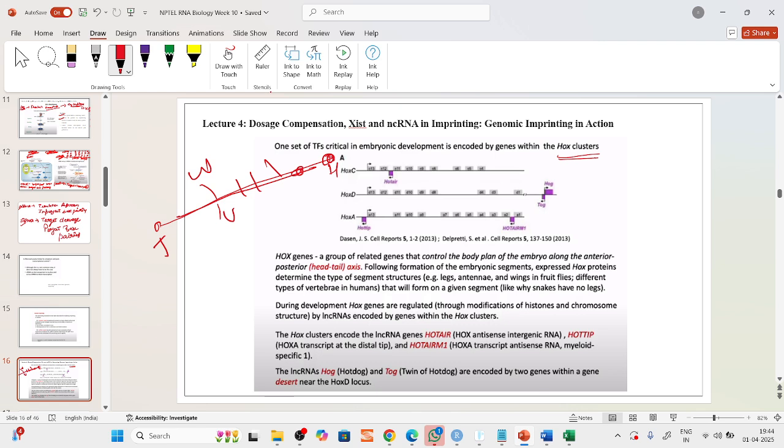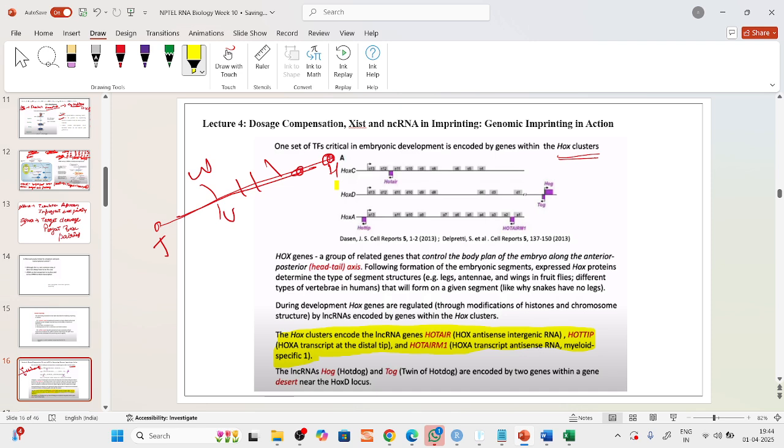Now, Hox gene clusters are encoded by long noncoding RNA genes, HOTAIR, HOTTIP. This is important. So I'm just telling you the important points related to your examination point of view. Then the lncRNAs HOTAIR and HOTTIP are encoded by two genes.